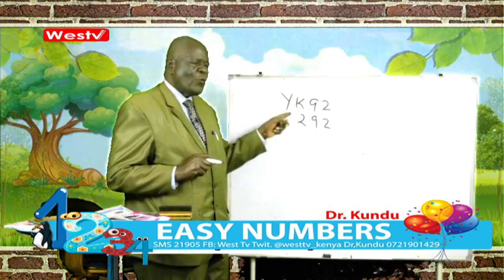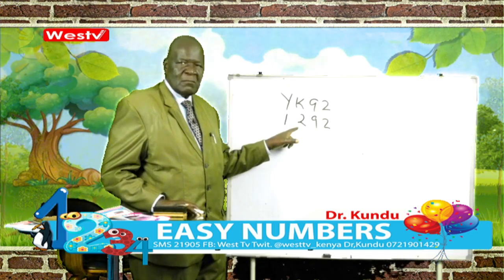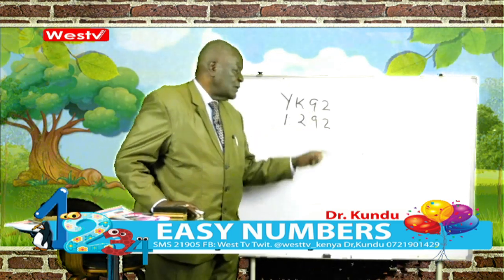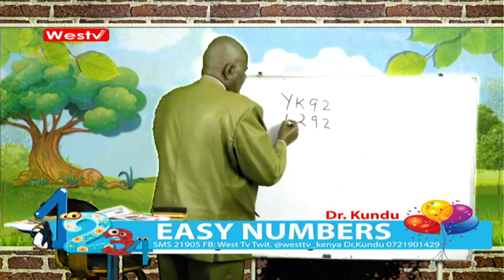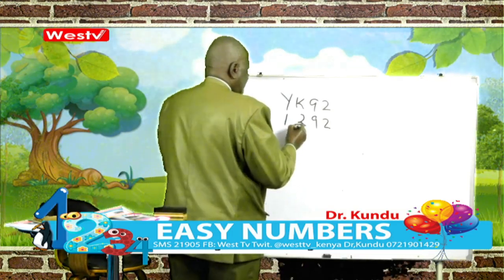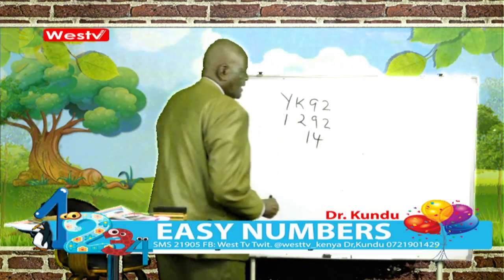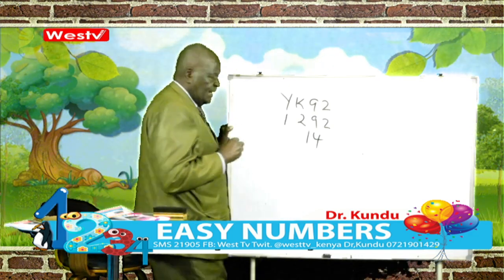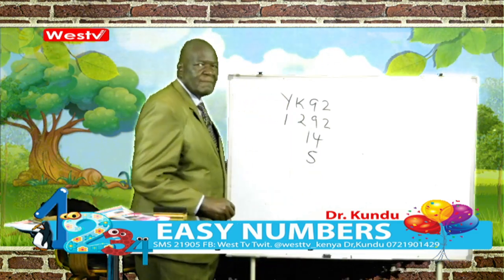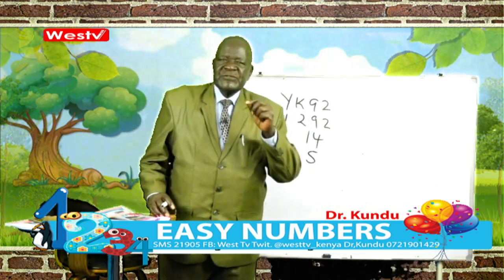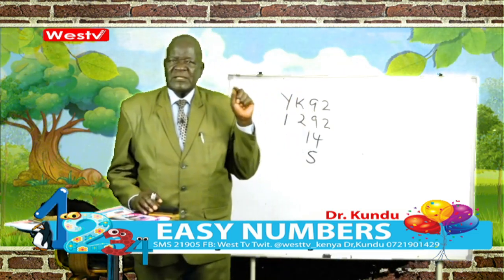So this guy goes to YK92. Y is 1, K is 2. And then 9, 2. Let's add this and see the vibration of this movement. This is 3, 12, 14. It is compound 14. And when you add this one, you end up with single 5. So it is 5 from where he begins to where he ends.